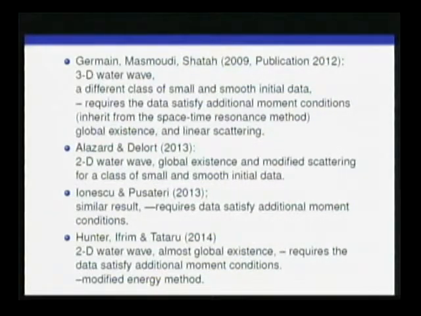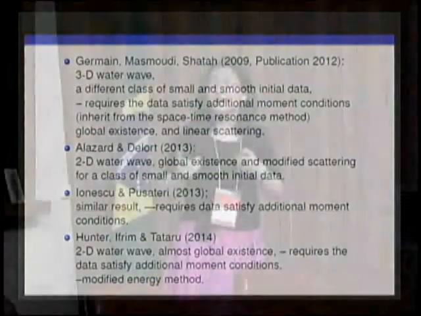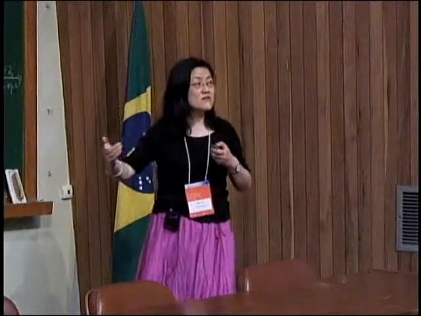And this more recent work of Ionescu, Pusateri, and so actually I'm not mentioning it. This is just last month, Ifrim and Tataru can prove global existence for 2D as well, and the extra thing they do is really understand the behavior of the cubic term. Okay, so they find the cubic term is not bad and they can solve for all time.